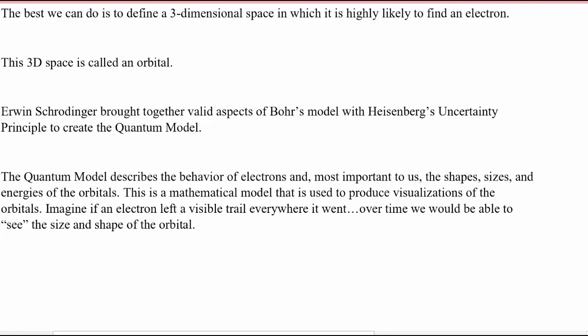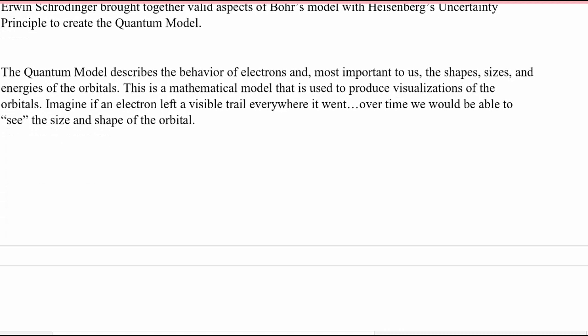Okay, so again, Schrodinger brought together Bohr's model with Heisenberg's uncertainty, and bringing that together, we get this quantum model. The quantum model is going to give us information about the shapes and the sizes and the energies of these orbitals that the electrons exist in.